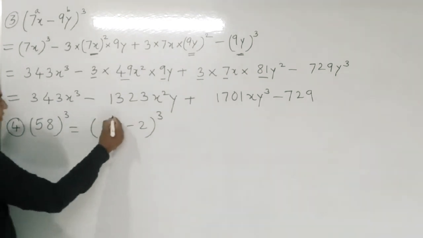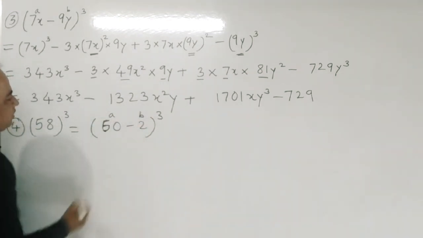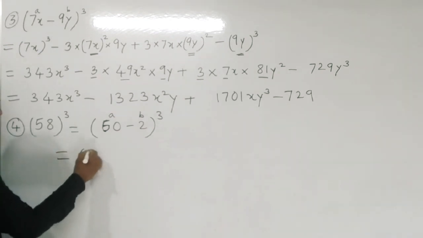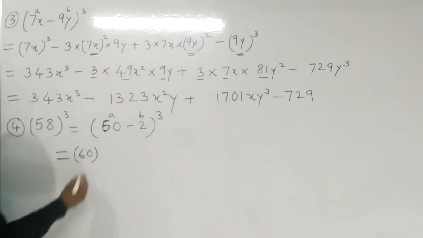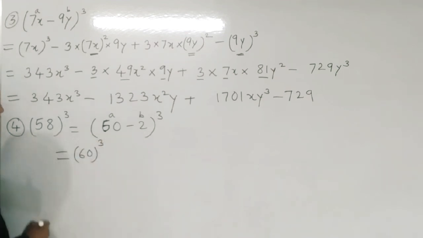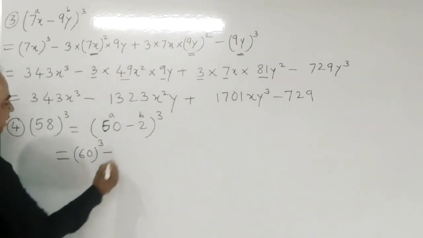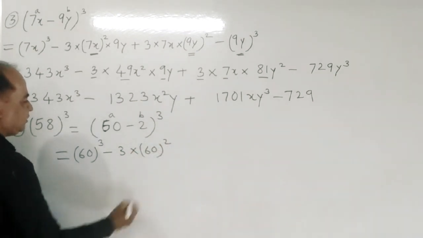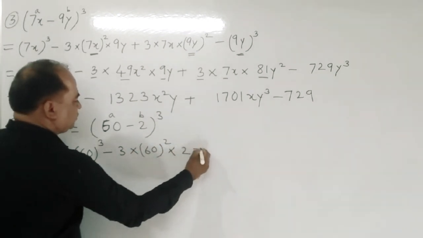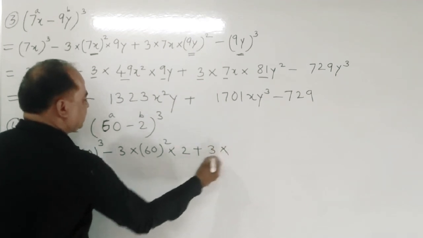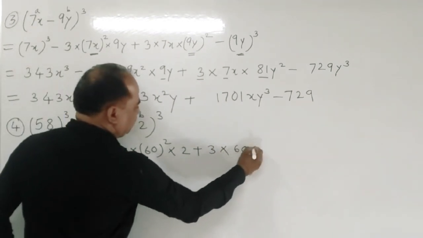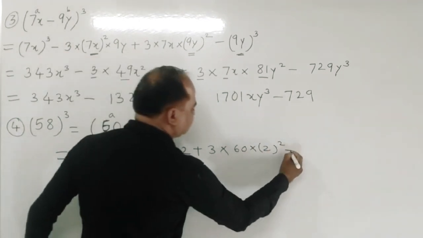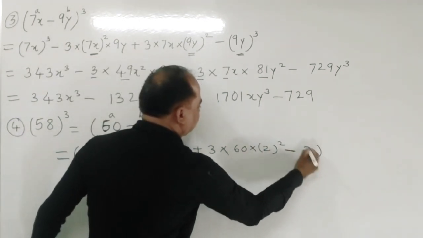Now a is equal to 60 and b is equal to 2. So the expansion will be, apply the formula (a minus b) bracket cube. So 60 cube minus 3 times 60 square into 2, plus 3 times 60 into 2 square, minus 2 cube.